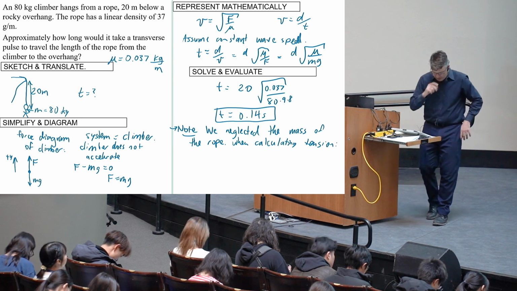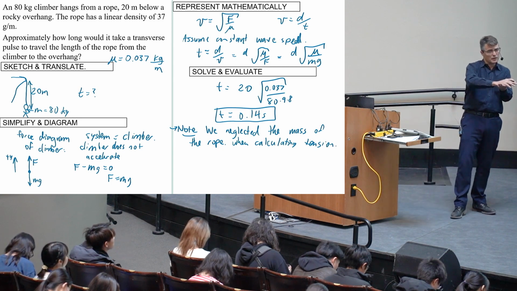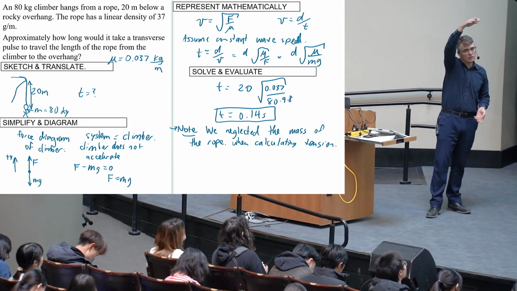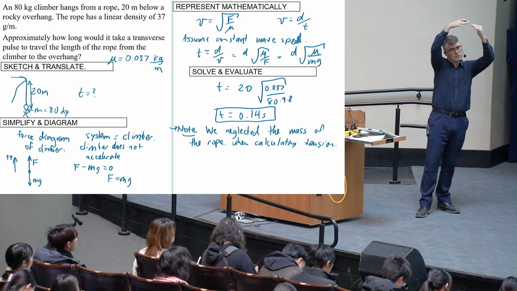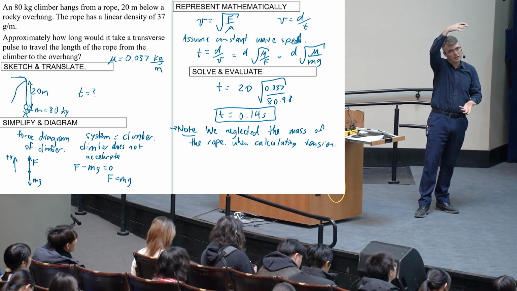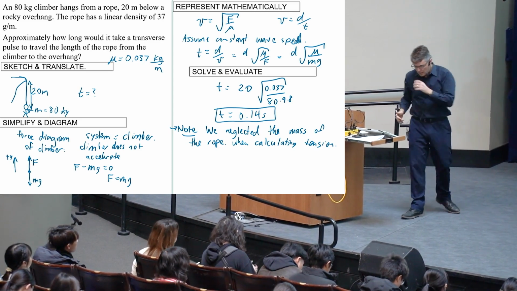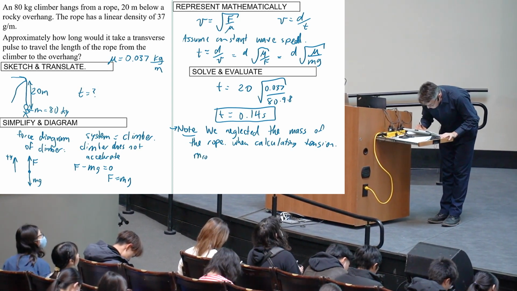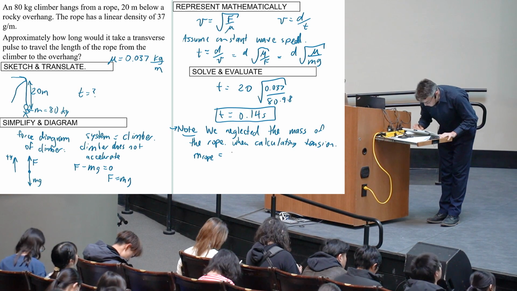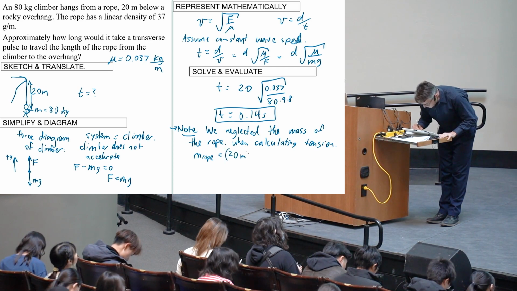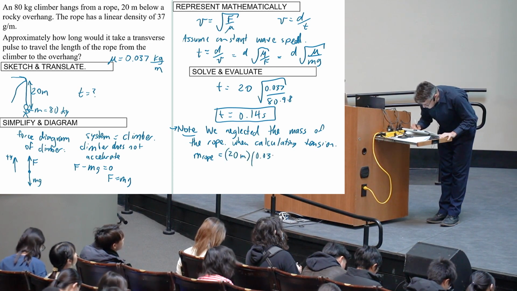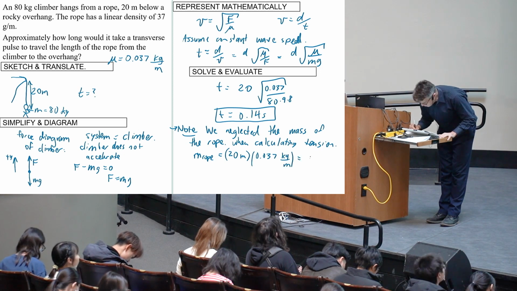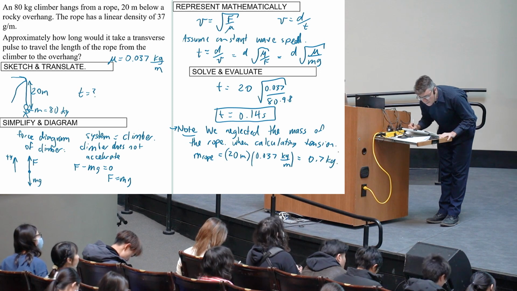I was thinking of the tension at the bottom where the climber is hanging, but in fact, the tension at the top of the rope also has to hold the entire rope plus the climber. So I just wanted to check that the mass of the rope is equal to 20 meters times 0.037 kilograms per meter. We can calculate that out, and I got 0.7 kilograms.